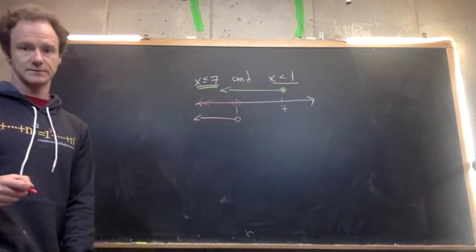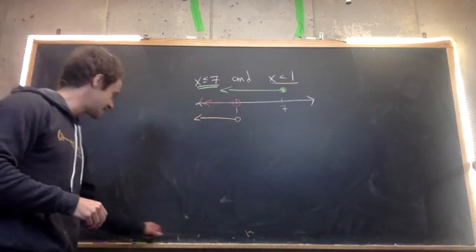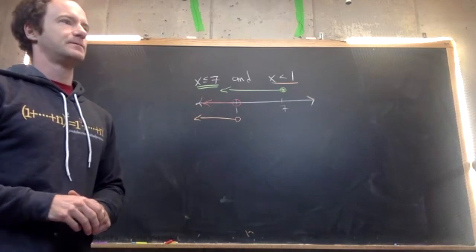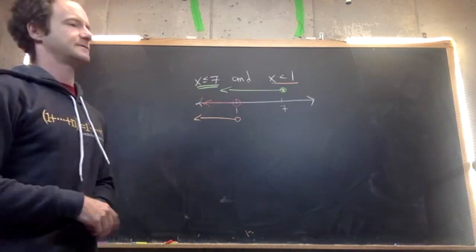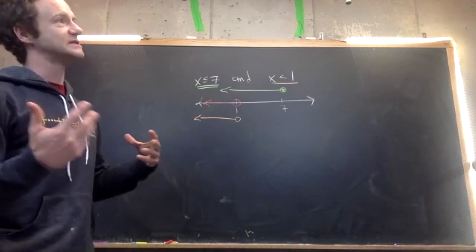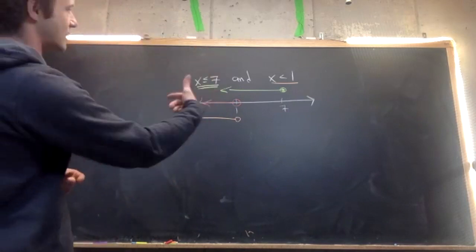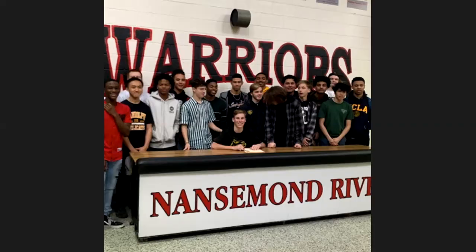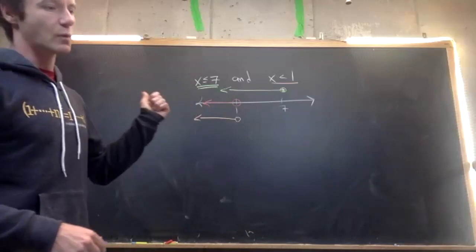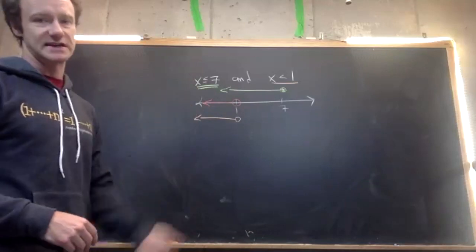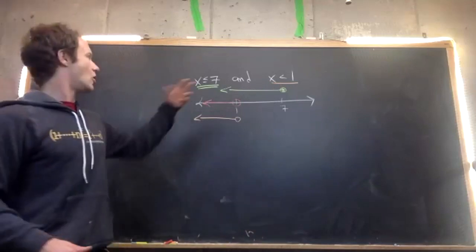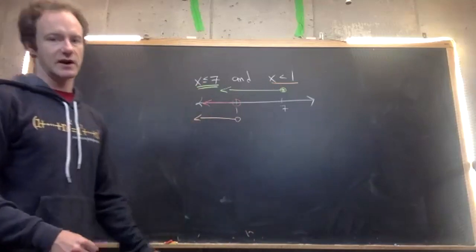That's because both of these conditions are going in the same direction, but one is stricter. They're both less than type conditions, but one of them is a stricter less than type condition. Notice that if you are smaller than 1, you're already smaller than or equal to 7, right?